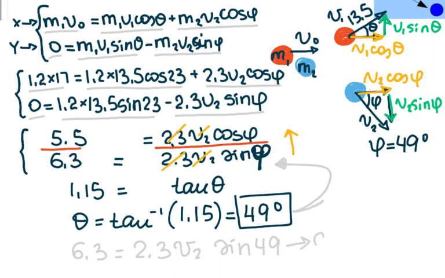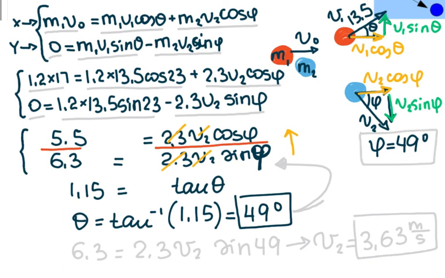So from here I see that v2 is equal to 363 meters per second. So we found the angle and we found the velocity of the blue ball after the collision.